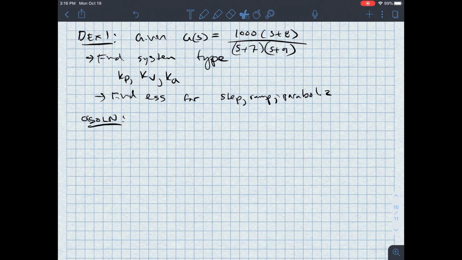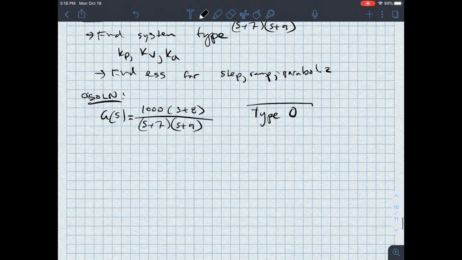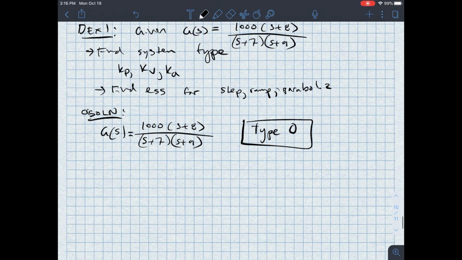So first thing is to look at the system and find the system type. If I take this system, what I notice is that G of s has no pure integrators. There's no 1 over s's that can be pulled out. So this makes it a type 0 system. Since I have the type, the next thing I want to do is find Kp.